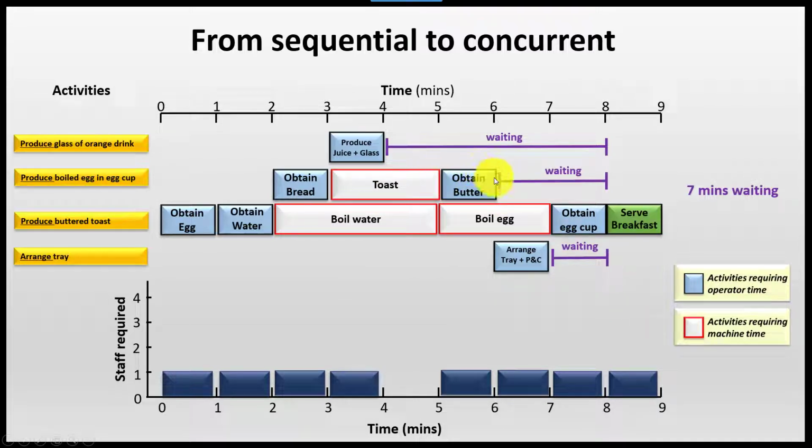We are done with the toast and it is waiting 2 minutes. Is that a big deal? Well, maybe it's not a big deal, but it's not optimal, right? Because that toast is not going to be so nice and warm. It's going to be a little bit cold. So maybe we can improve that by reallocating these activities and without affecting the requirements on staff.